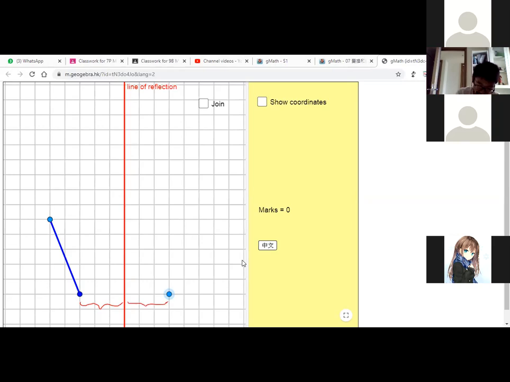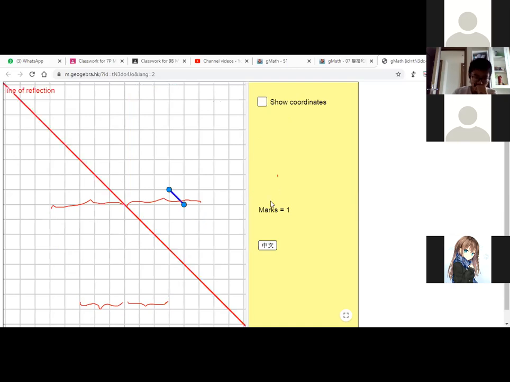So we copy the same distance and then we arrive at the new point here. Like this, I can copy this distance to the other side. Hello, can you hear me? Okay, that's great. After you join it, you can check the answers, and I believe this is correct. This is called line of reflection.